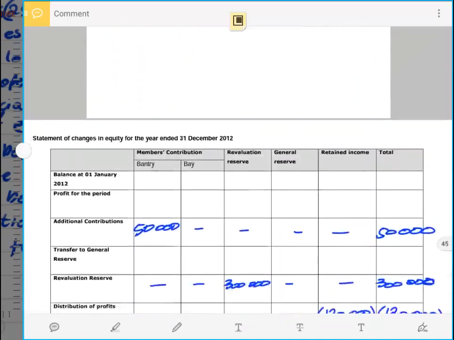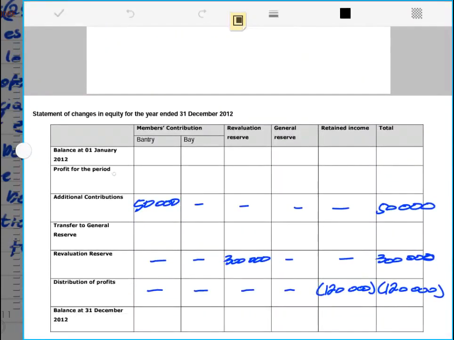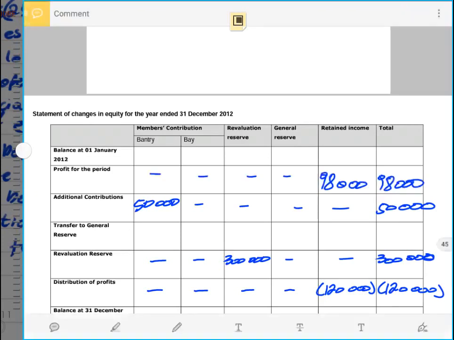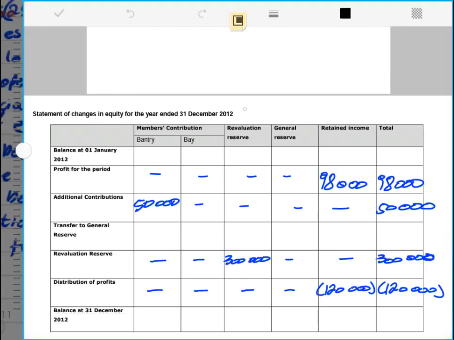And in the statement of changes in equity, there we have profit for the period, being 98,000 rands. Therefore, now let me complete this statement by recording all the opening balances. And if my memory serves me, we had a member's contribution of 700,000 rands, which has to be split 70% and 30%.